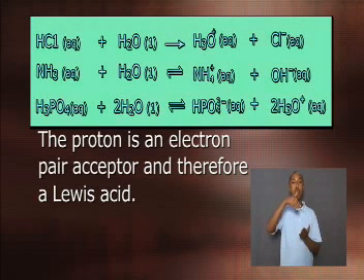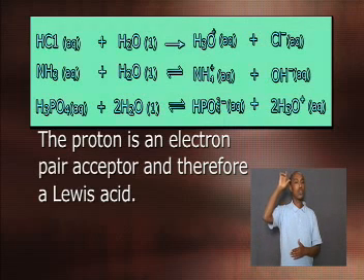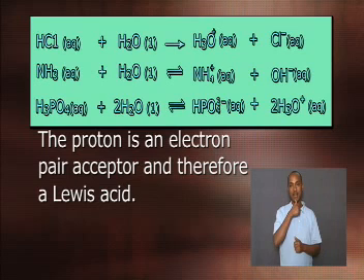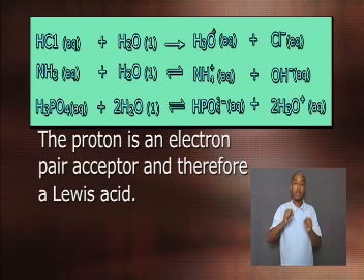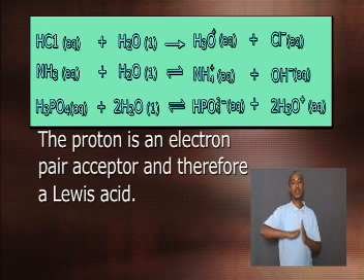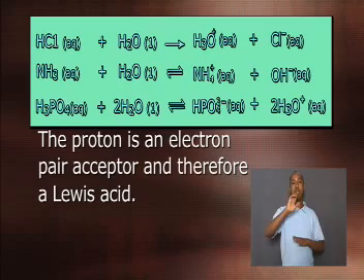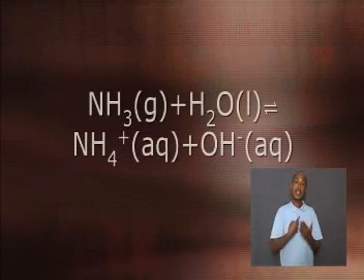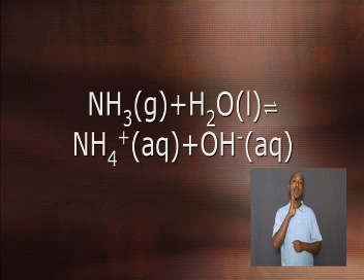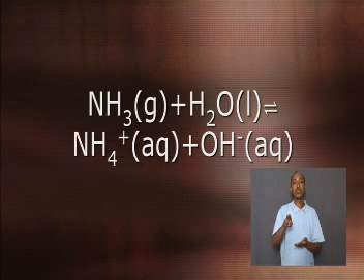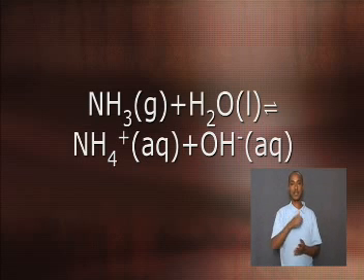The Lewis definition is also valid for the Bronsted-Lowry concept because Bronsted-Lowry defined an acid as a proton donor. The donated proton can be accepted by a molecule that has a single pair of electrons. Thus, the proton is an electron pair acceptor and therefore a Lewis acid. In this reaction, we can see that water is a proton donor and thus a Bronsted-Lowry acid.